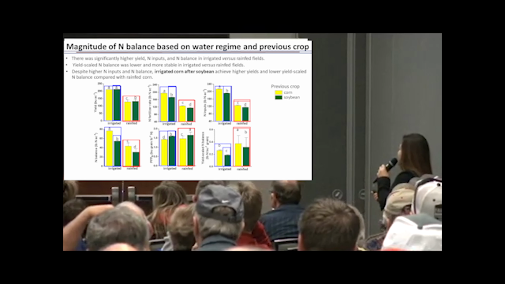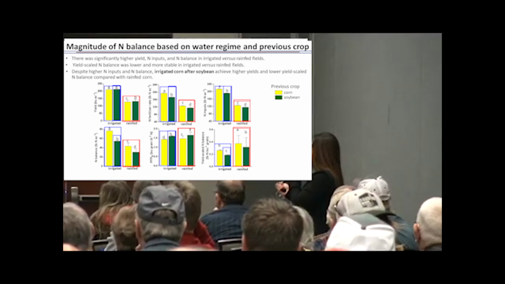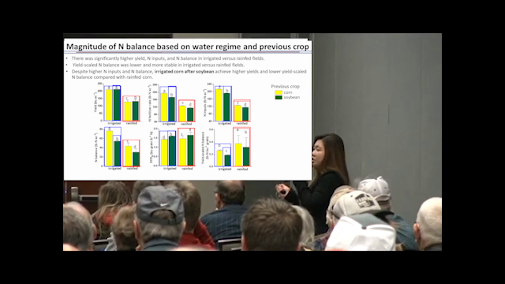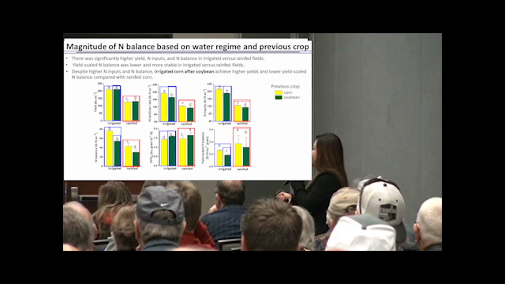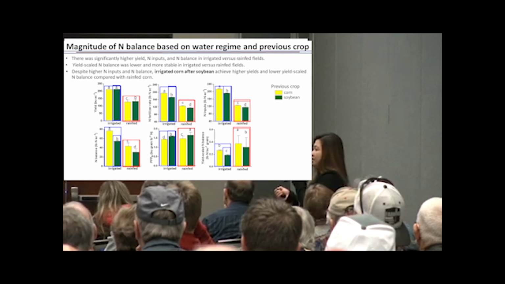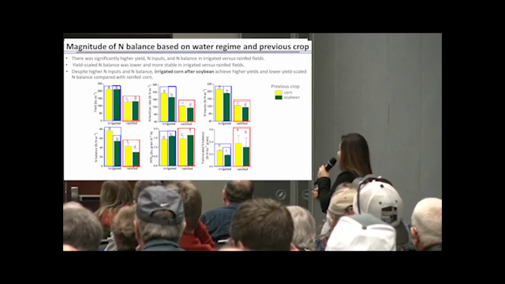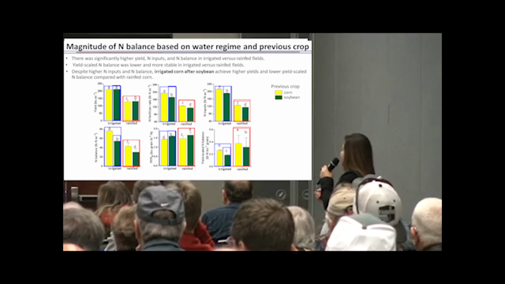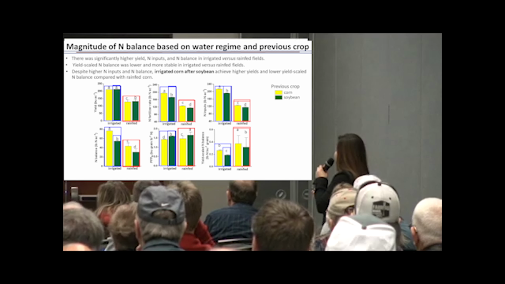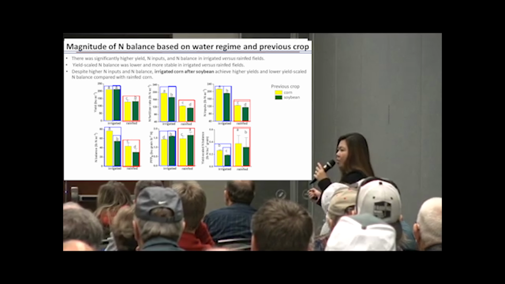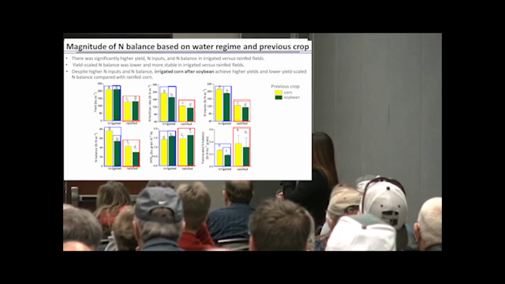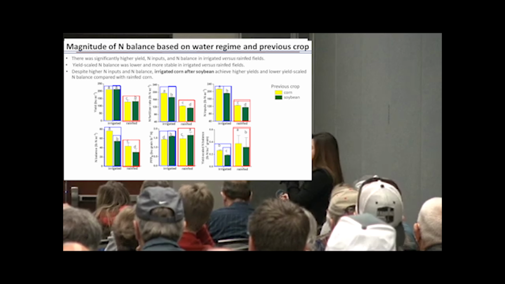But what's most interesting here is the yield-scaled nitrogen balance, which again is the ratio between nitrogen balance and yield. We can see here that rain-fed fields have much higher and more variable yield-scaled nitrogen balance, as you can see by this whisker, as compared to irrigated fields.